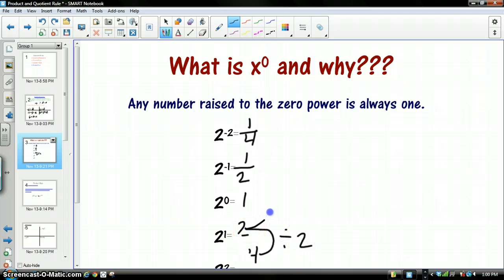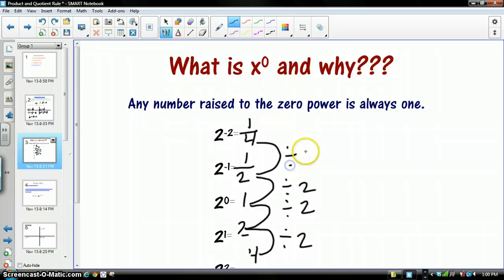When we divide by 2 again, we'll see that this becomes 1. And if we divide by 2 again, we get 1/2. Divide by 2 again, you get 1/4. You can also start here and multiply this by 2 to get this, and multiply this by 2 to get 1, and you'll see that any number raised to the 0 power is 1.